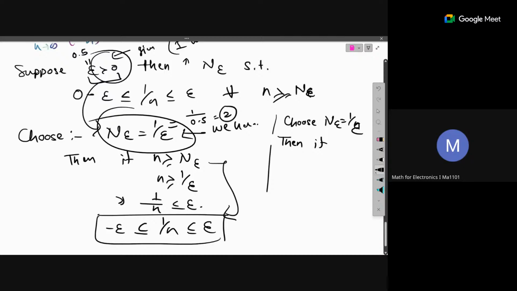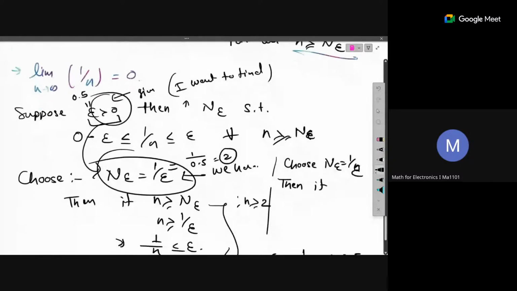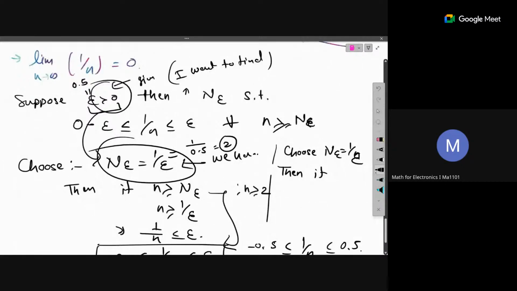So for all n greater than or equal to 2, we have the condition that minus 0.5 is less than or equal to 1 by n, less than or equal to 0.5. That's one example you can think of, although it's very hard to judge a limit via this method. Is that fine? Thank you.